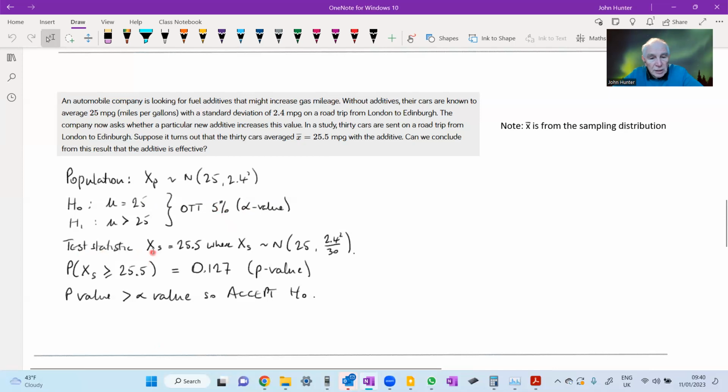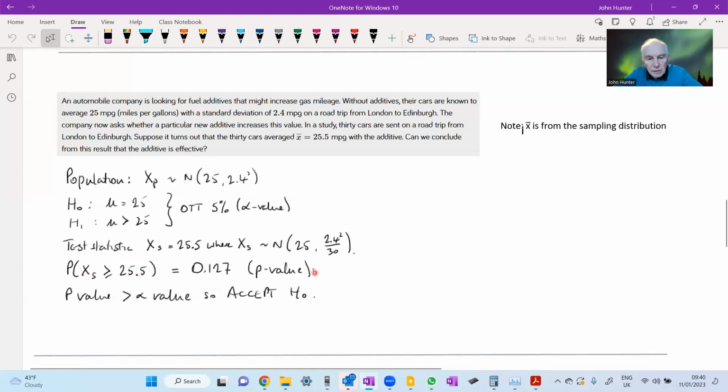So the test statistic, we've got 25.5. This is drawn from a distribution which is normal with a mean of 25, and this, of course, is the variance of it. So we need the probability that this is greater than 25.5.